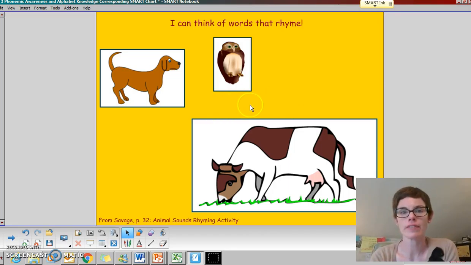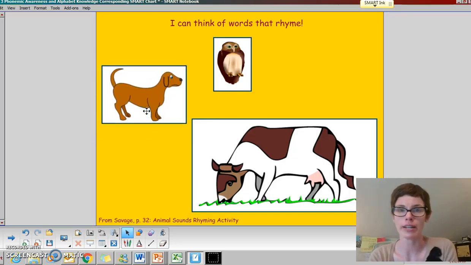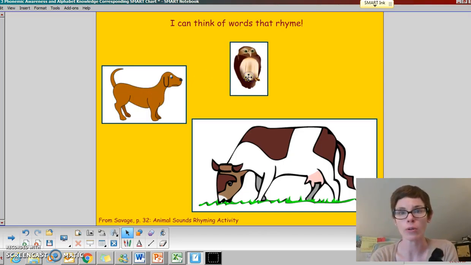So if I did this activity with my students, I might say, look, I have a picture of a dog here on the screen. Can anyone think of a word that rhymes with dog? Yeah, frog, log. Now I'm using rhyming, but I'm not writing anything down. I'm just using pictures. Same thing for owl.